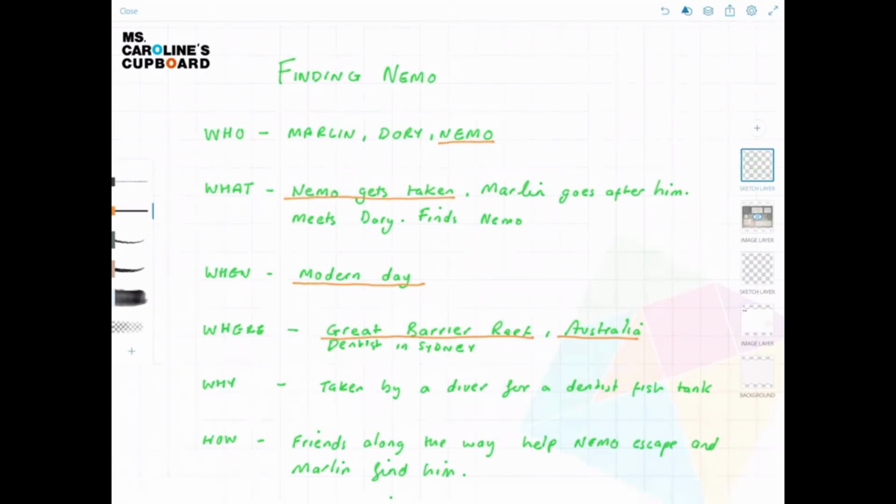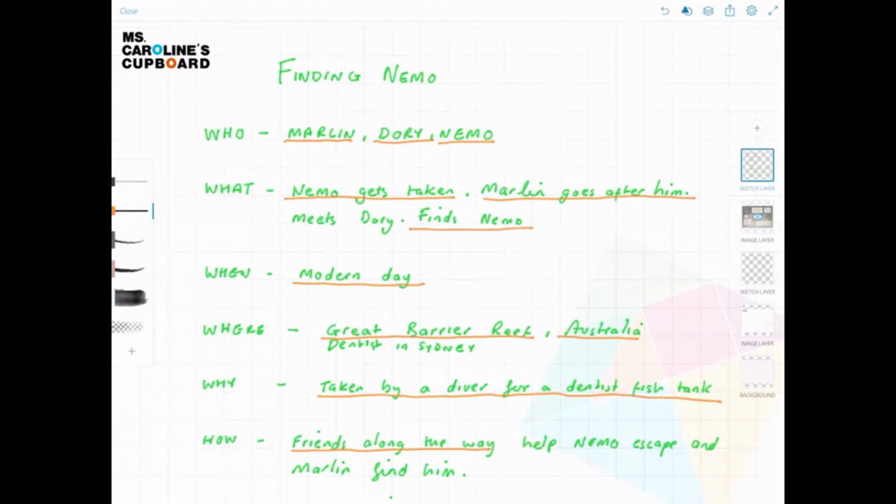Nemo gets taken by a diver for a dentist fish tank. Marlin, his dad, goes after him, and with friends along the way, including Dory, he finds Nemo.